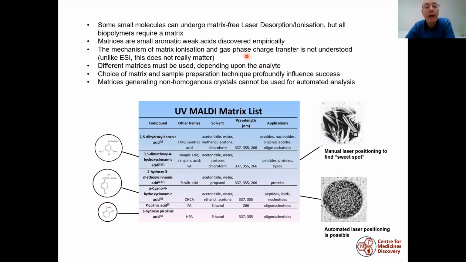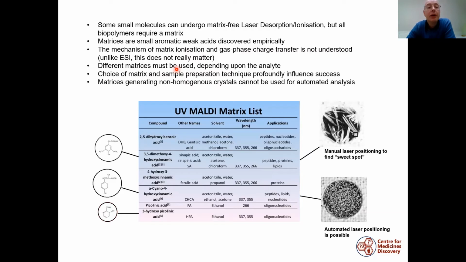It doesn't really matter because there isn't really any information in the charge state of a MALDI ion. It's not like electrospray, where this mechanism is very important. In MALDI, it's not very important. It just works, and that's all you need to know about it. The key thing about matrices is you need to use a different matrix depending on what it is you're analyzing. And I've shown some of this in the table on this slide.